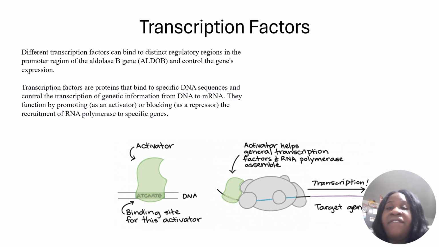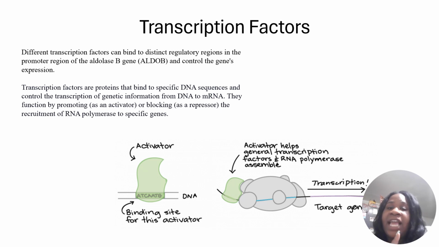The activation of HNF1 leads to the transcriptional activation of aldolase B, resulting in increased expression of aldolase B in liver cells. So HNF1 regulates various aspects of liver function and metabolism, including glucose metabolism and the expression of genes involved in glycolysis and gluconeogenesis.